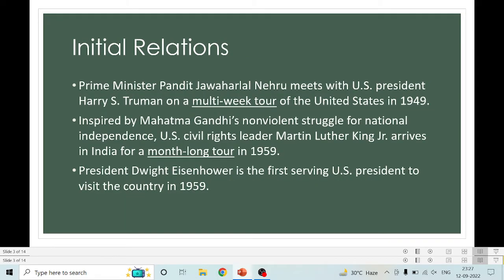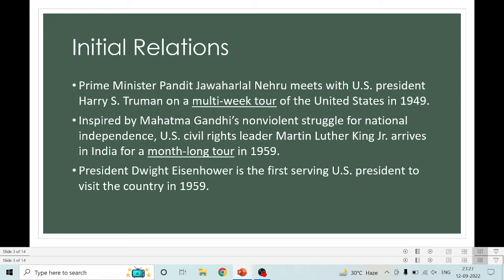If we see the initial relationship, Prime Minister Jawaharlal Nehru met US President Truman on a multi-week tour of United States back in 1949. Martin Luther King, we all know, was greatly inspired with the ideals of Mahatma Gandhi's non-violent struggle.